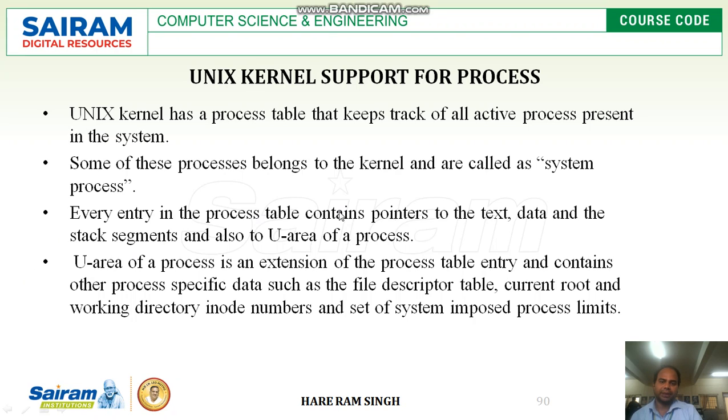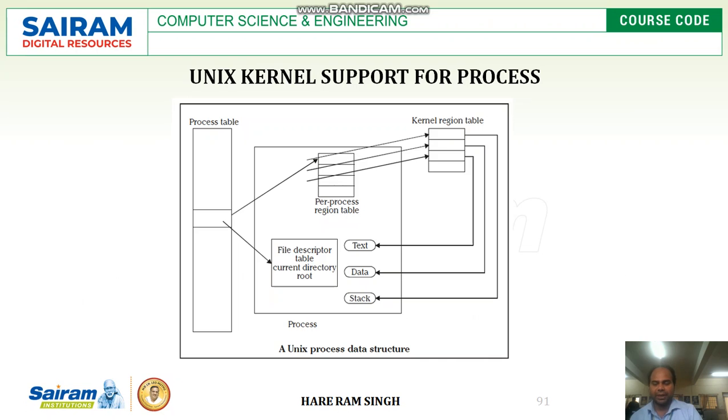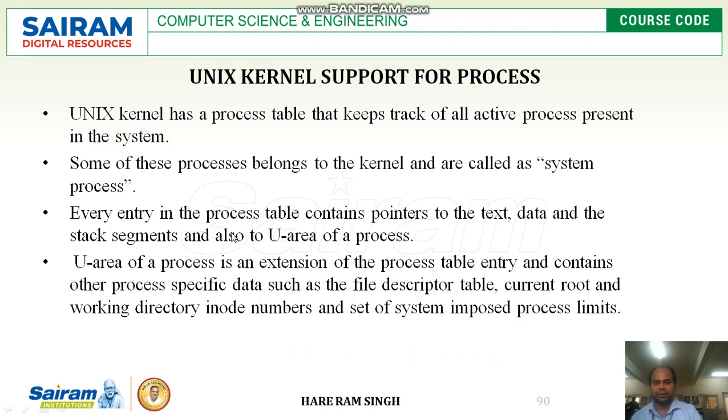Every entry in the process table contains pointers to the text, data and stack segment and also to the U area of the process. So every entry in the process table contains addresses of the text segment, data segment and stack segment. It also contains the U area of a process.